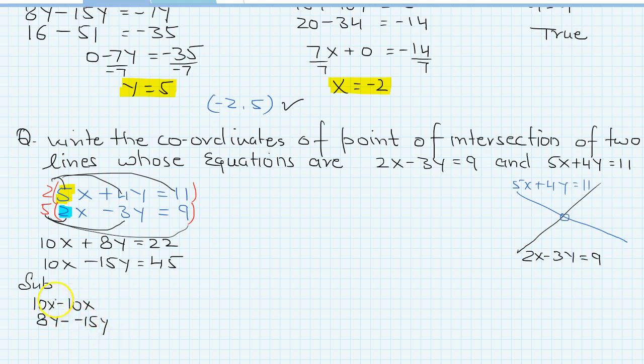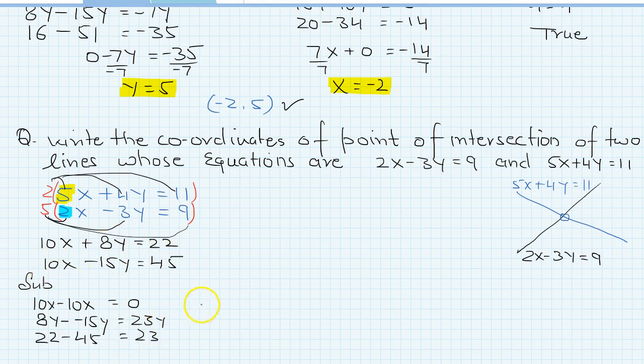I am subtracting. There's no negative sign in between. So for the subtraction we have put one sign, and then 22 minus 45. 0 minus and minus will be plus. So this is 23y and this is 23.